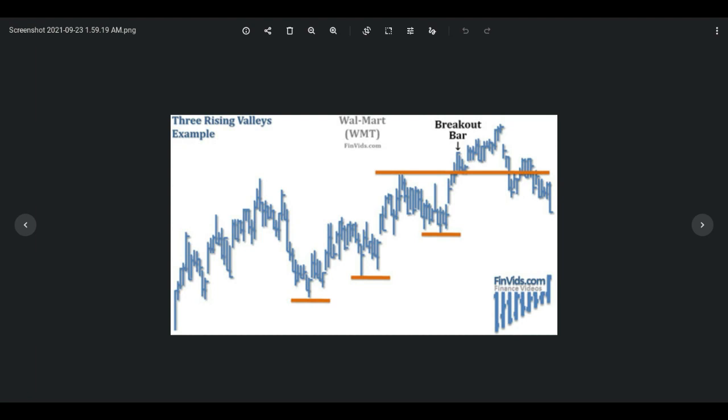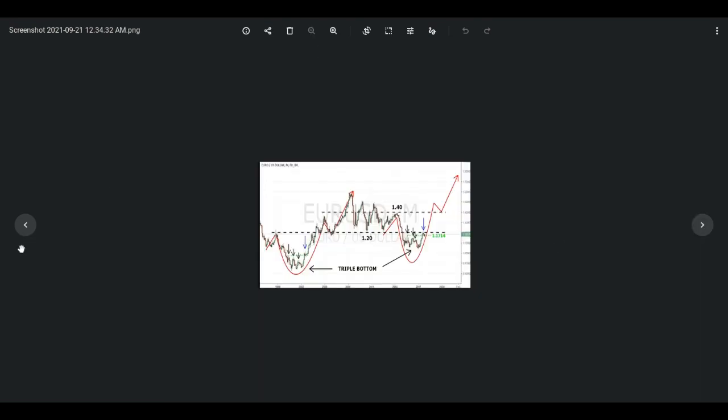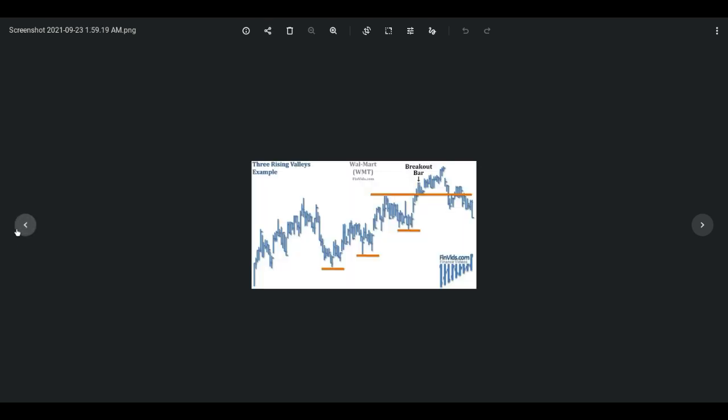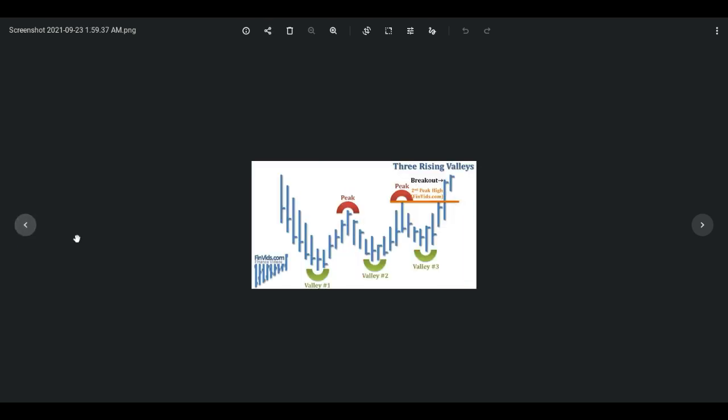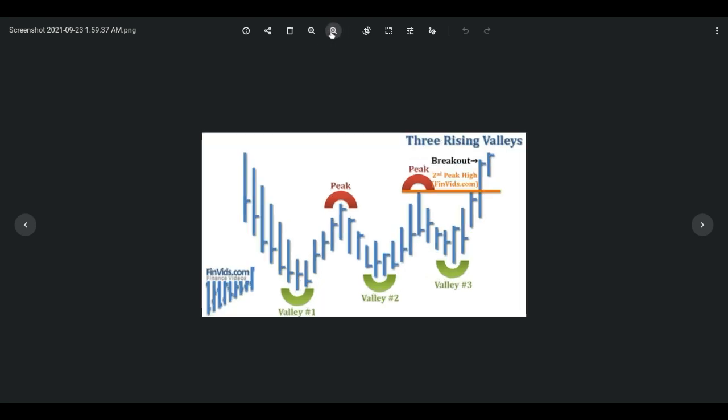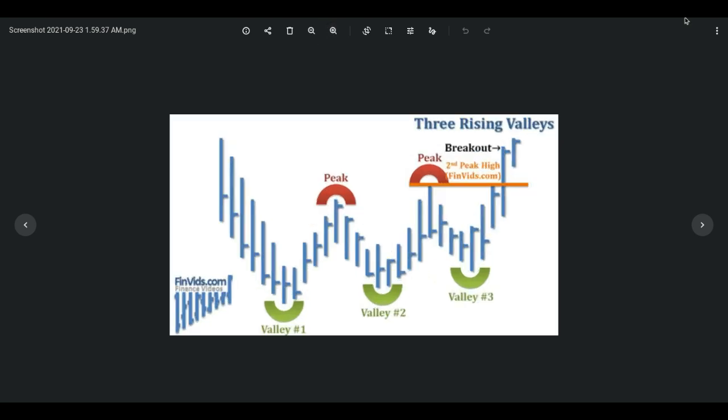And let me just give you another view. Okay, so three rising valleys: directional bias is bullish, pattern type reversal.